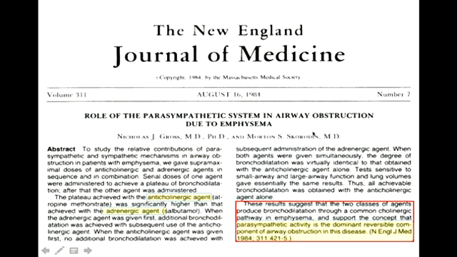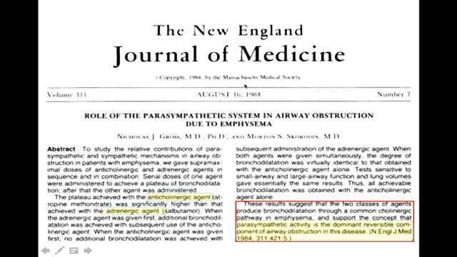Now, this is a very problematic, very famous paper, the Gross paper, 1984, because it set the distinction between asthma and COPD. Published in the most prestigious journal, the New England Journal of Medicine.